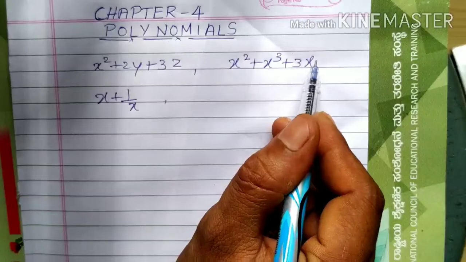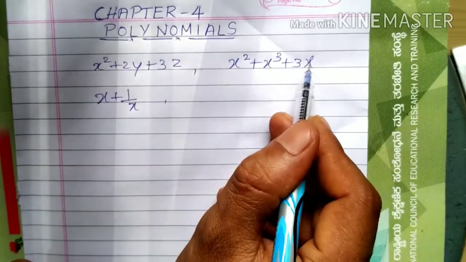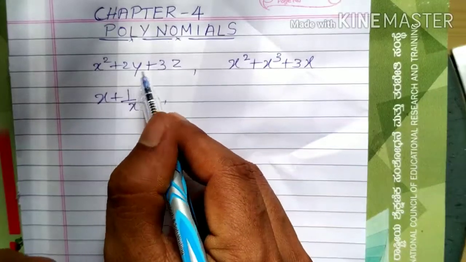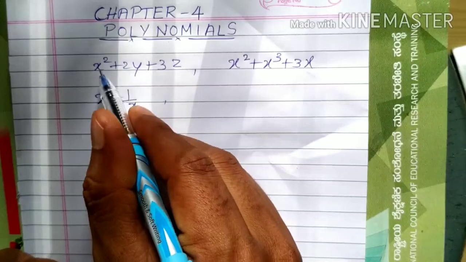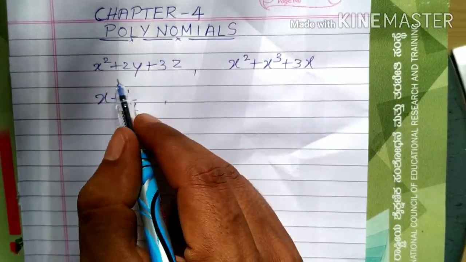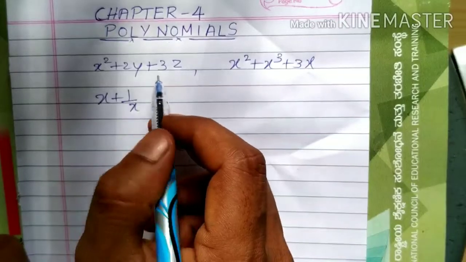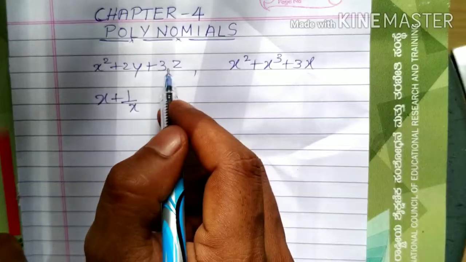This is an example of a polynomial in one variable. Here x is the variable. If you see this example, there is more than one variable: x is one variable, y is another variable, z is another variable. So this is also a polynomial, but it is a polynomial in three variables.